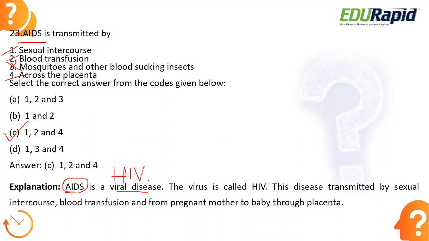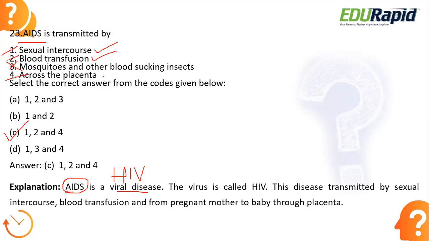It can be transmitted from an infected person to a normal healthy person through unprotected sexual intercourse, and also through blood transfusion from an infected person to a healthy person, by using the same infected syringe, or if body fluids get exchanged.